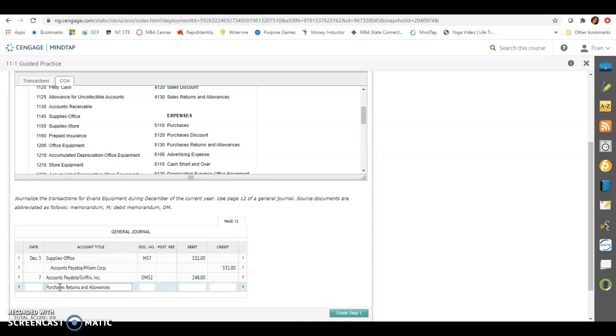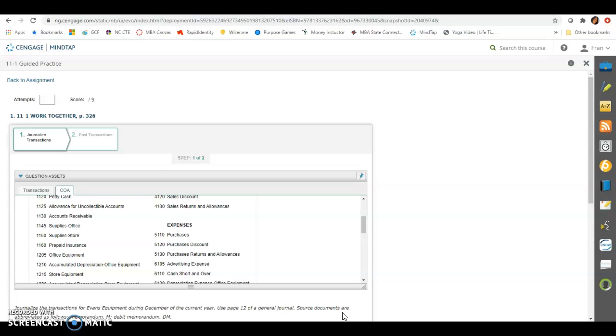Or most of the time, if something comes to you and it's just broken, then they don't want you to send that back, so they would make an allowance on that. That's why it's called purchases, returns, and allowances. And that's a credit because it will go directly against your purchase account. Your purchases are debit because they're assets, like we talked about. So if we get a purchase return, that would be a credit. Okay, so we're going to grade our first step.